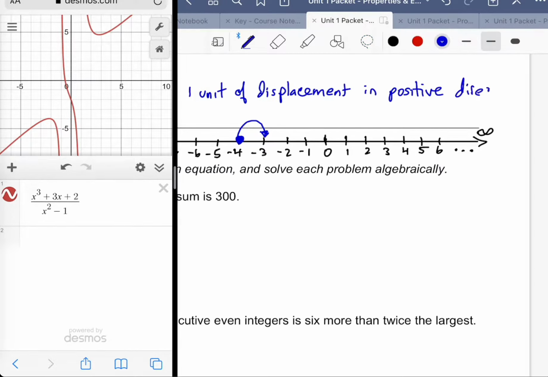We just call that +1. Whenever you're talking about adding, you're talking about displacement. There's a physical manifestation of addition. Subtraction would be 1 unit of displacement in the negative direction. So there is the left-right movement there associated with the sign. So consecutive integers have 1 unit of displacement. We just keep that in mind.